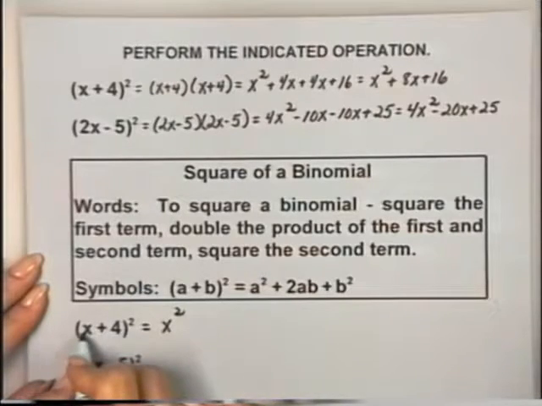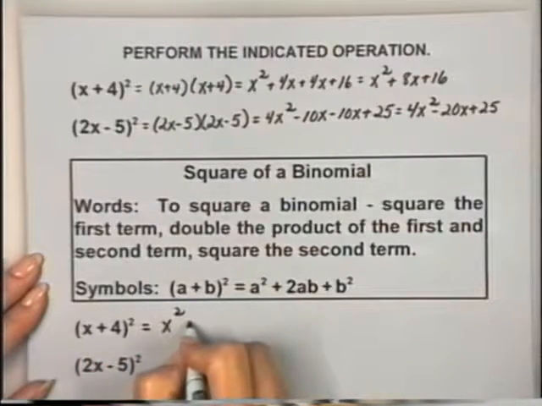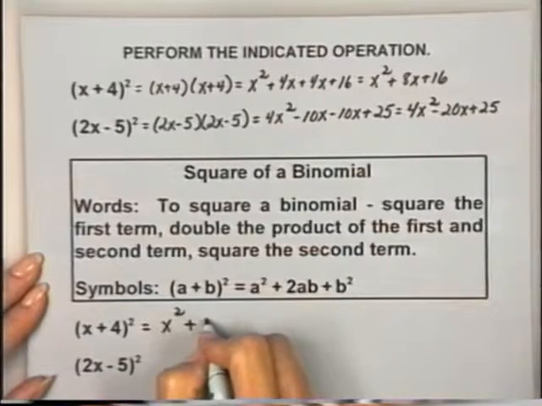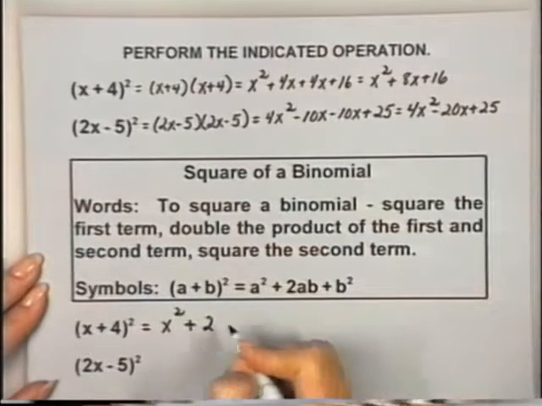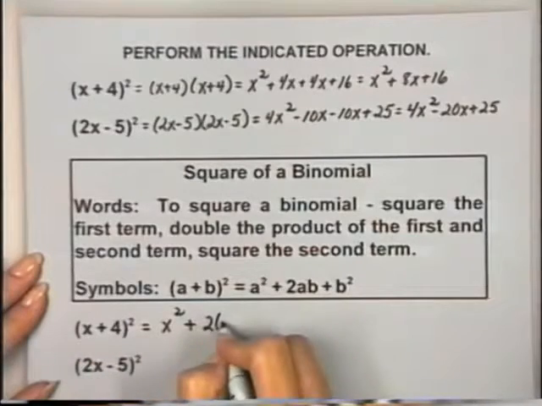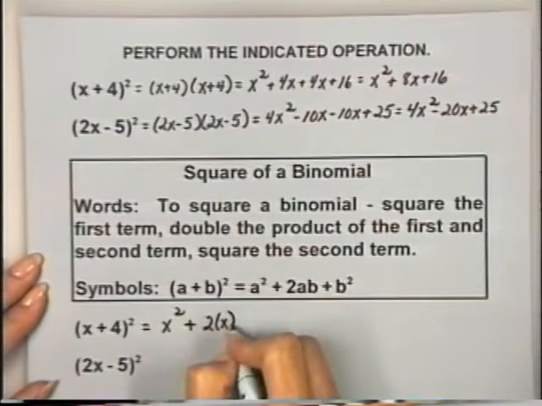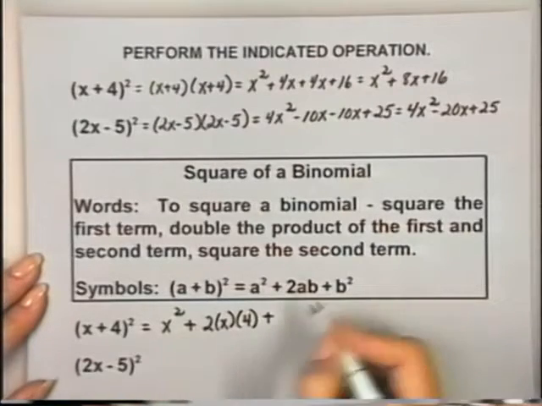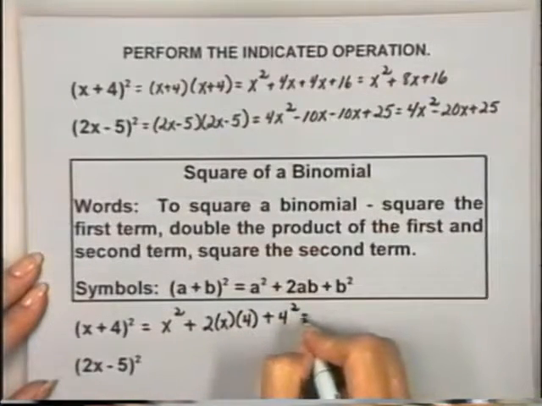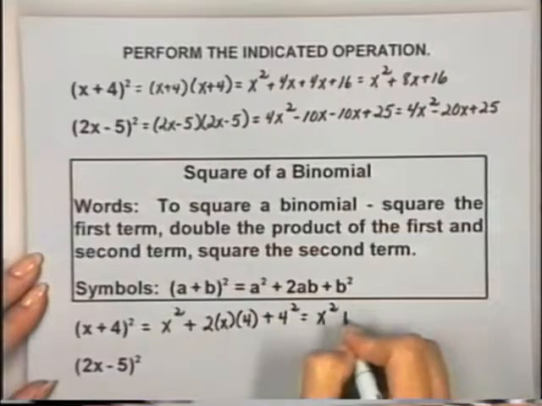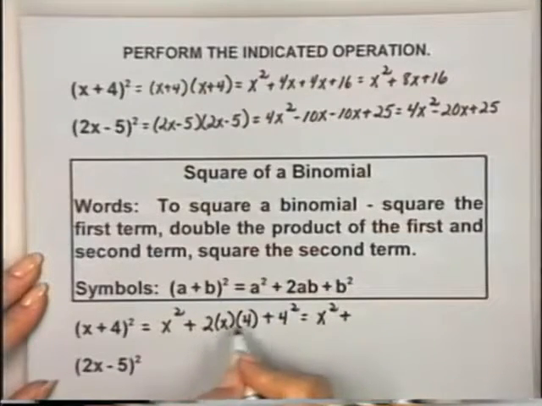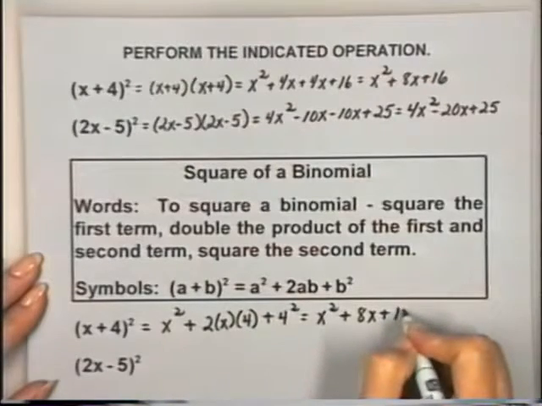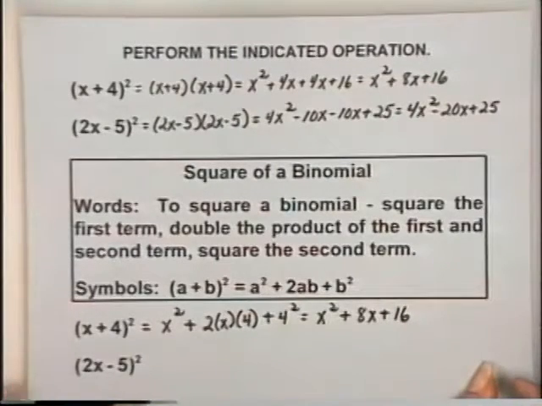In other words, a positive x times a positive 4 will give me a positive result, so my middle term is positive. I know I want to double, so I will multiply by 2, and then I will multiply by my first term and then my 4. For my last term, I will square the 4. I will have x squared plus 2 times x times 4, which is 8x, plus 4 squared, which is 16.